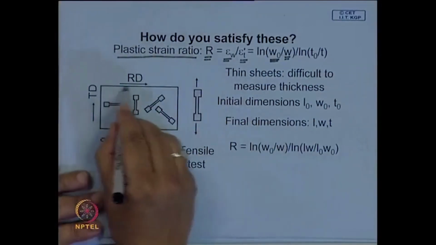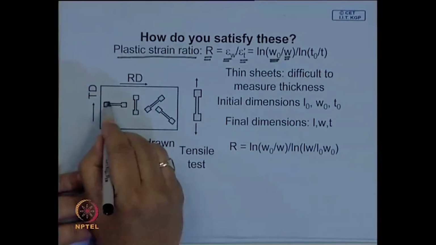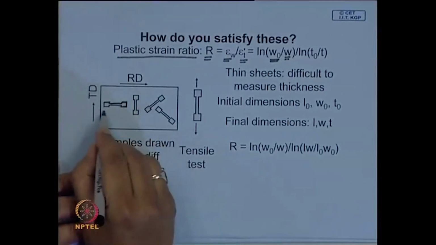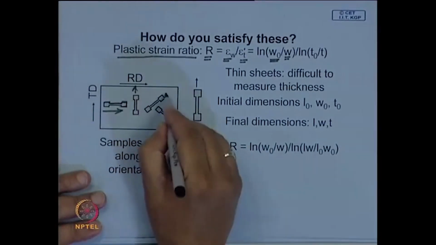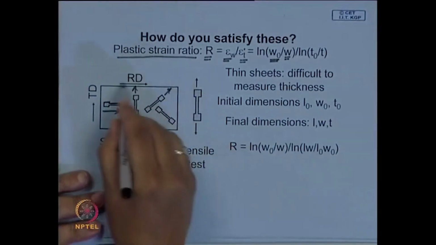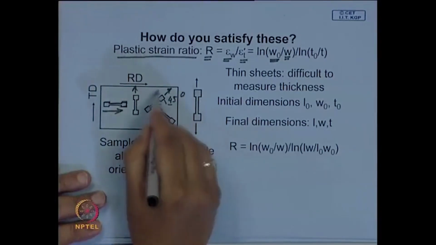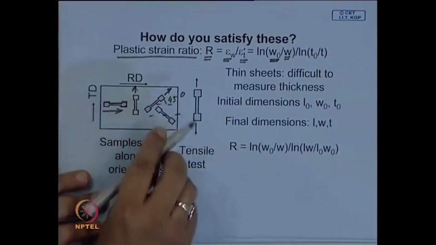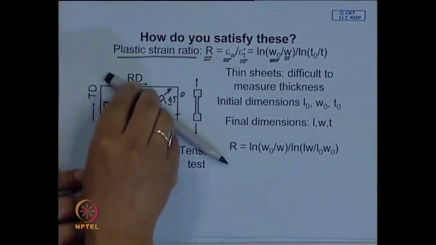So, what you do, you have a sheet, and from this sheet you make specimens along different orientations. This is aligned along the rolling direction, this is along the transverse direction, this is at 45 degrees to the rolling direction, and this is also at 45, but differently oriented.